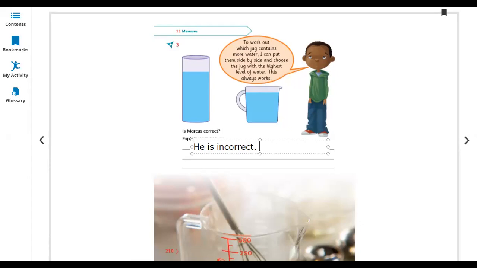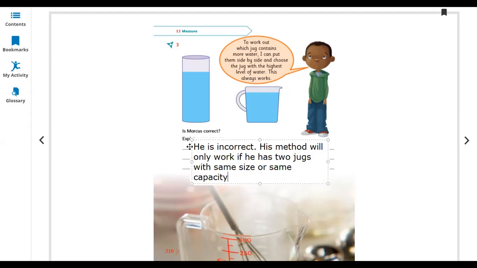If you want to write a reason, you can say his method works if he has two jugs with the same size, or same capacity.